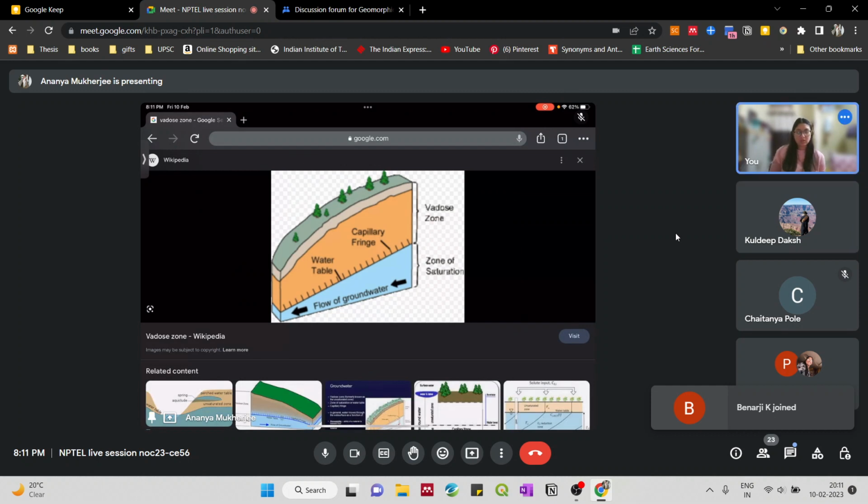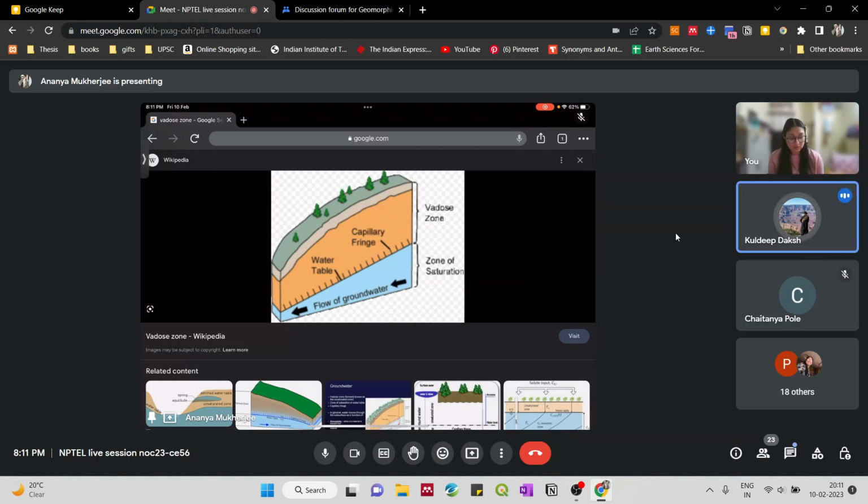As even the diagram that I was showing in my slides shows, the region above is the zone of aeration. Aeration, why? Because it has both air and water in it, and that itself is called the vadose zone. Why is it moist? Because the water is trickling down this zone.